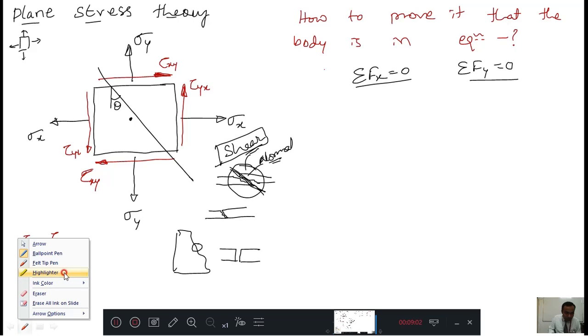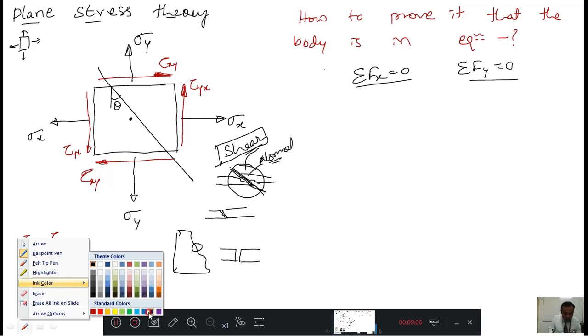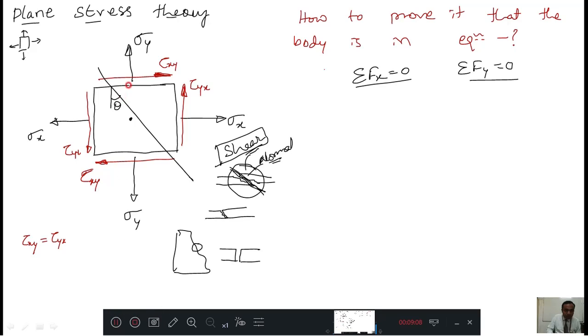Those 2 types of stresses I can show as one, which I will call a normal stress, and another, some shear stress, will be acting. This is acting on the interested plane. This I will call sigma theta and this I will call tau theta.